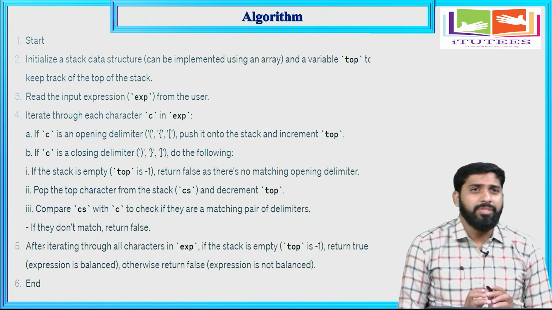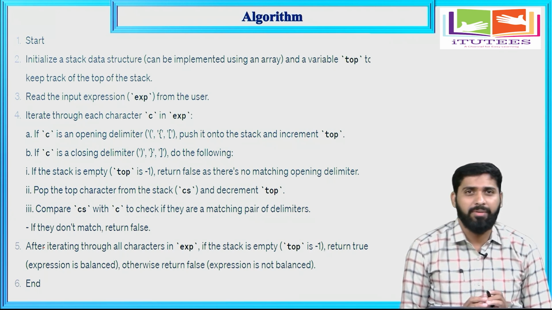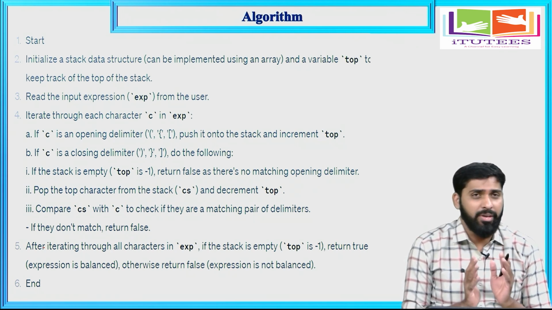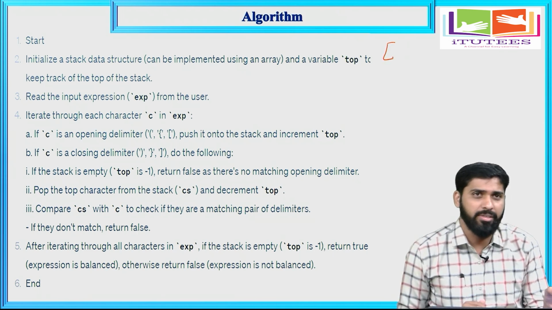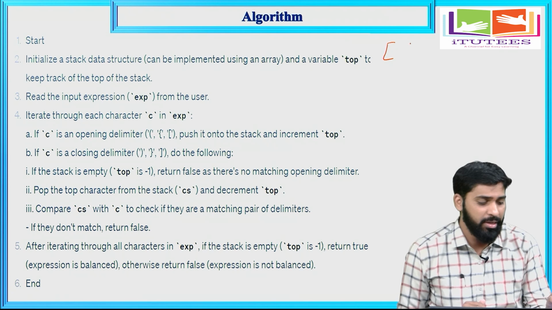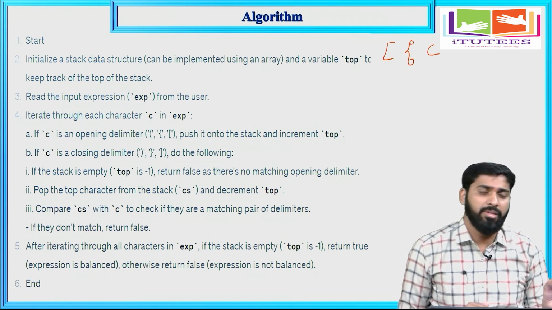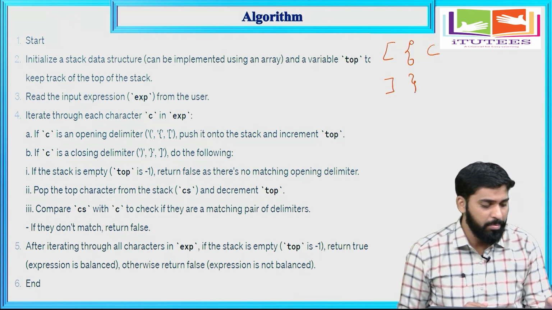Now we see how we solve this balanced delimiter problem using a stack. Remember one thing: in the expression we have 6 types of characters. One is the open square bracket, open curly bracket, open normal bracket, and another 3 are the close square bracket, close curly bracket, and close normal bracket.